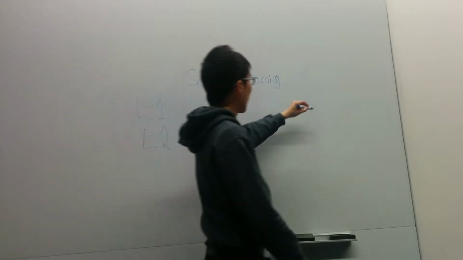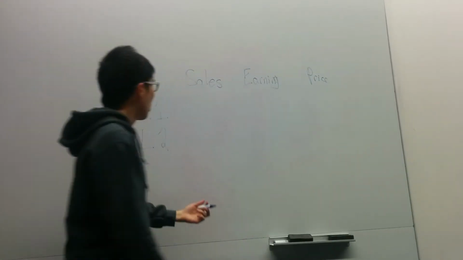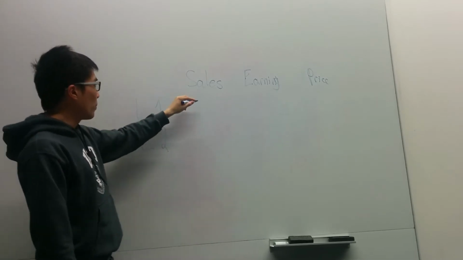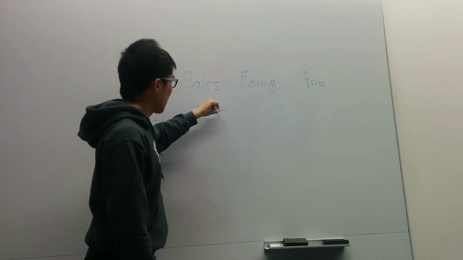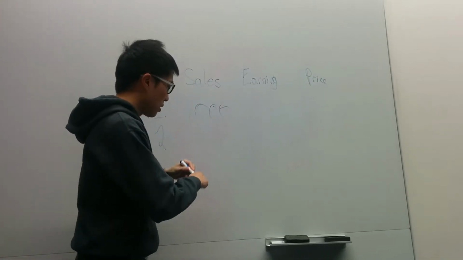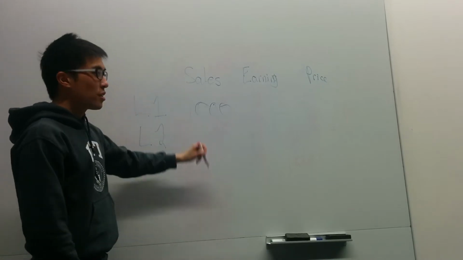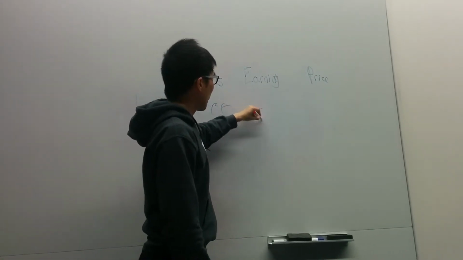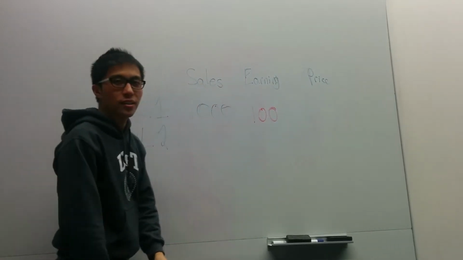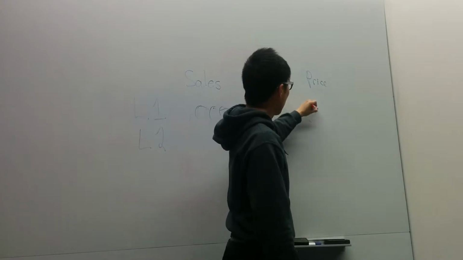And then we have an overall price. So for sales, say this company manufactures 1,000 laptops, and it earns 100 units of profit, and the company price is 500.